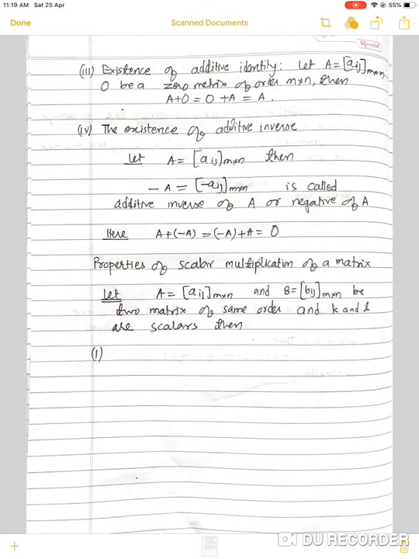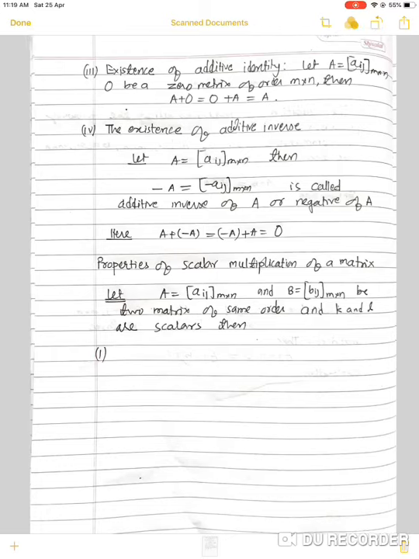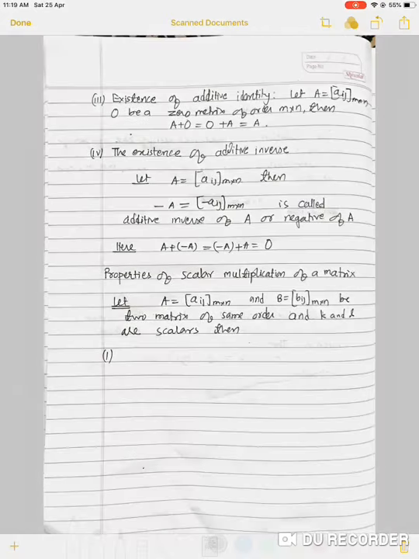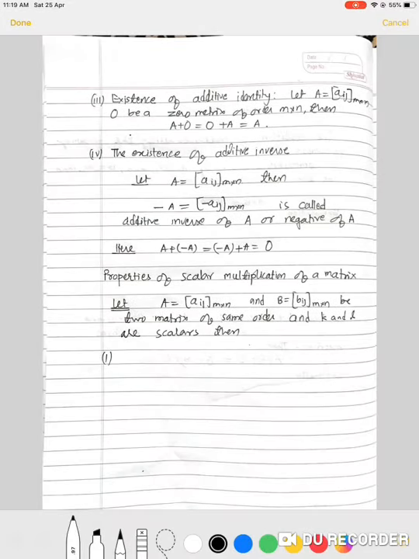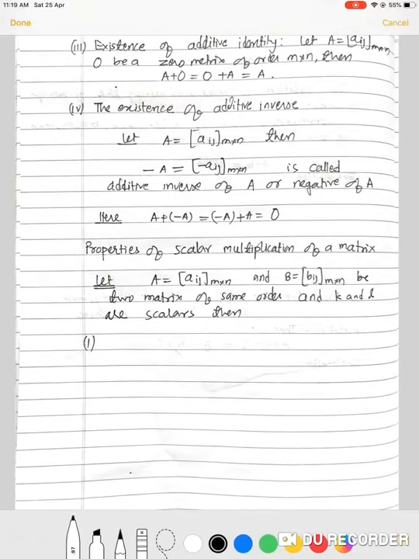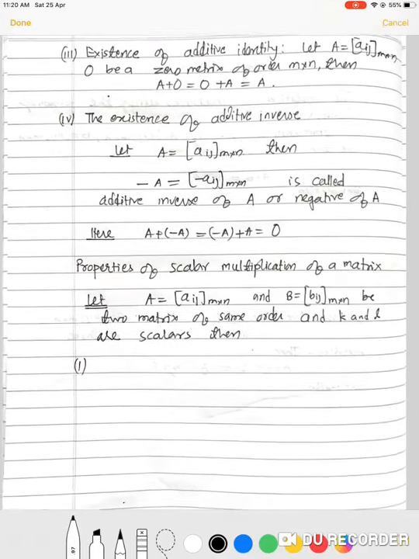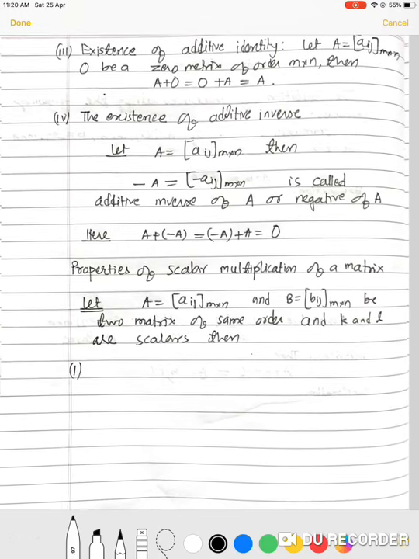Now next property is existence of additive identity.